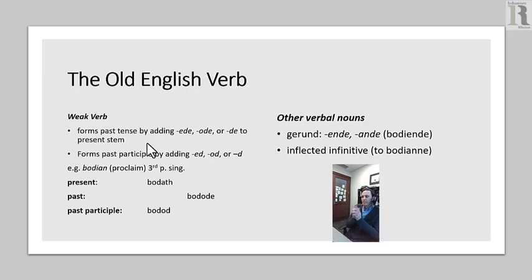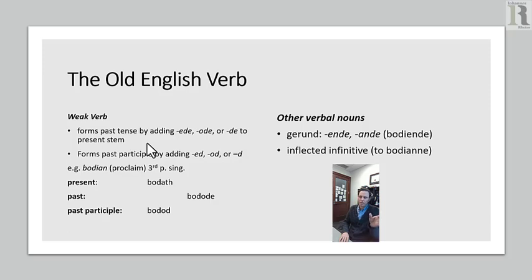In Old English, they also had something which we do not have in modern English, which was an inflected infinitive. If you've studied Spanish and you know hablar or comer, that ER ending or that AR ending is an inflection. It's a verbal ending indicating that the form of the verb is the infinitive. That is, it has no person, number, or tense or mood.